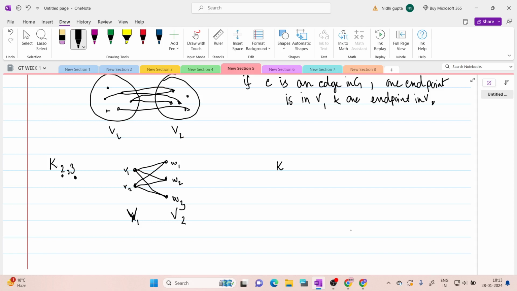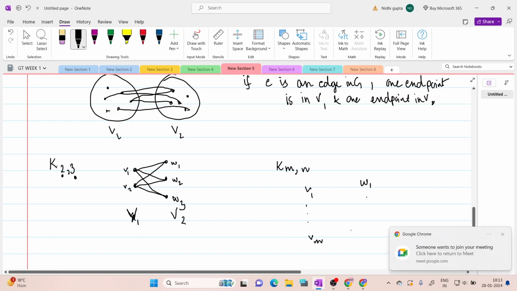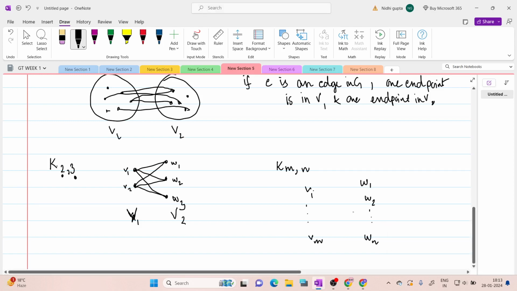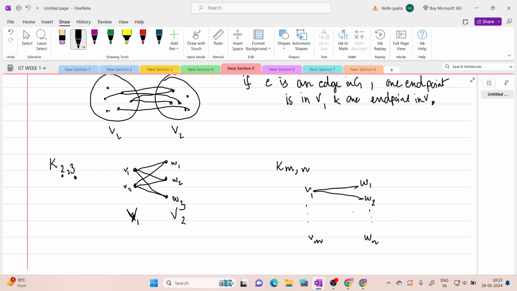Now if you write K_{m,n}, that means the first set will have m vertices, the second set will have n vertices, and we'll have all the edges. Basically, each Vi will be connected to all the Wi.